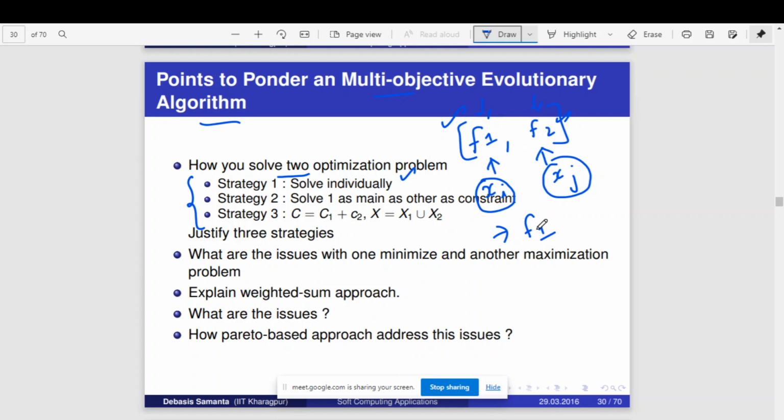Otherwise, the reverse way: solve f2, use f1 as a constraint. This is the second strategy. The third strategy says: you just perform a union operation on the two functions and then solve it. So these are the three generic strategies which are generally used to solve multi-objective evolutionary problems.